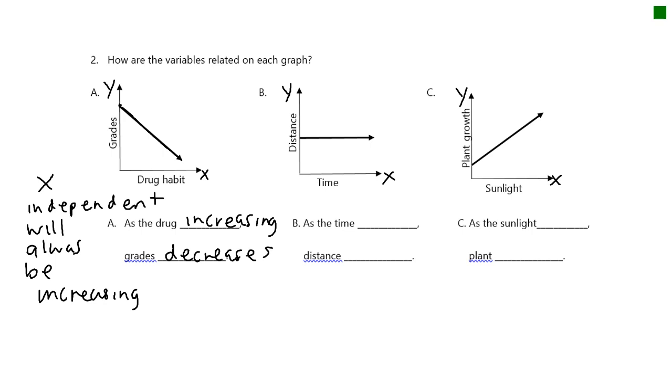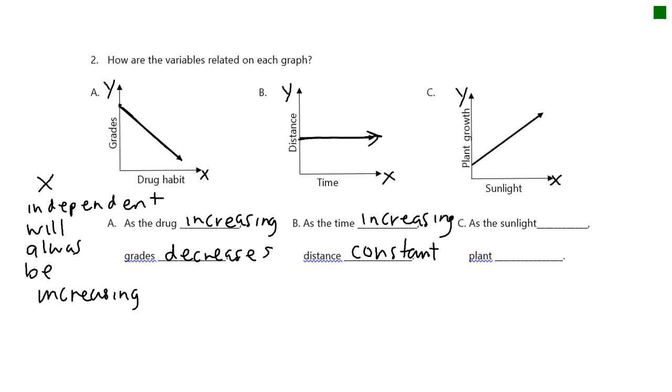What about the next one? As time increases, like I told you, it's always going to be increasing. What happens to distance? Well, notice how there's a straight line, and I told you that straight lines mean it's constant. It's not moving. So yes, as time is increasing, the distance does not move because you're not doing anything. It's staying constant.